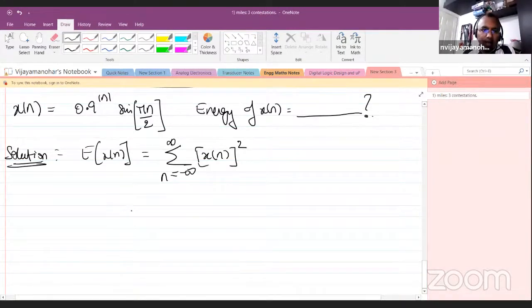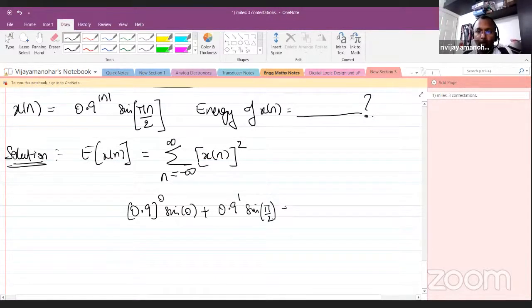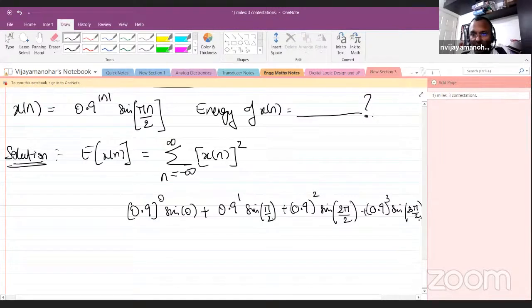So at n equal to 0, I will have 0.9 power 0 sine of 0. So sine 0 is going to be 0, plus 0.9 power 1 sine pi by 2, plus 0.9 square sine 2 pi by 2, plus 0.9 cube sine 3 pi by 2.